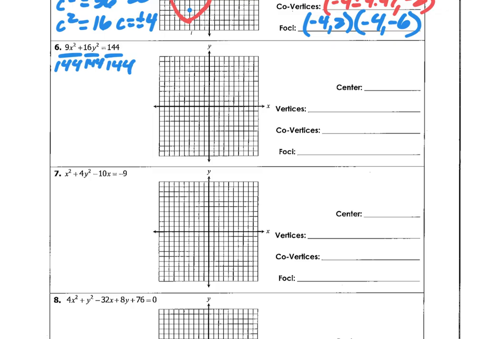Okay, so that gives me an equation of x squared over, and what we're going to do here is we're going to simplify 9 over 144. And really we're saying how many times does 9 go into 144? And typically we're going to give you numbers that work out pretty nice here. So how many times would 9 go into 144? 144 divided by 9.